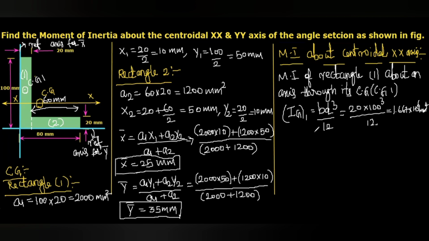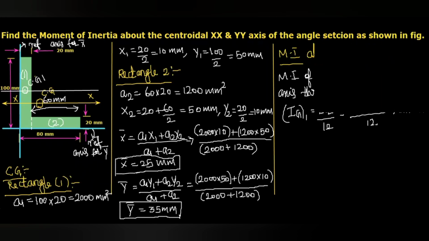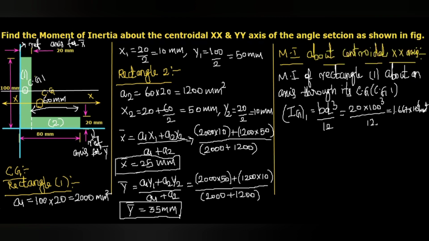Actually, this is the moment of inertia with respect to an axis which passes through its center of gravity. Okay, that means this axis. This we calculated IG1. Do you understand? Moment of inertia with respect to this axis, that we calculated as IG1.